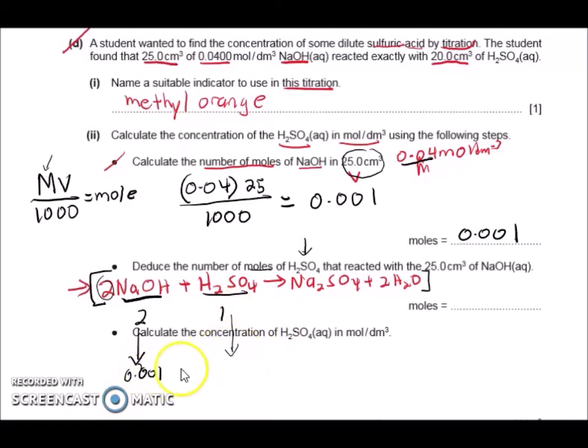However, this one you have to divide to make it equal. So 0.001 divided by 2, you'll be getting 0.0005 mole. That is your answer for the number of moles of acid. Okay, let me scroll down.